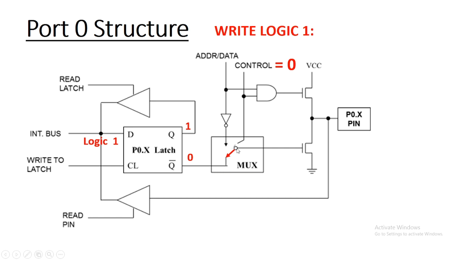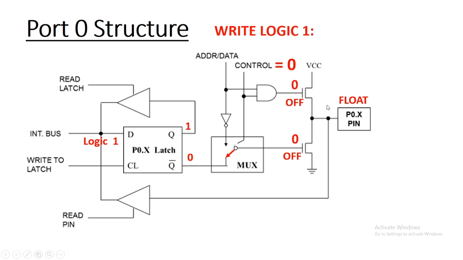When this control is 0, the gate of this FET is connected to Q bar. So when you apply logic 1, Q bar is 0 and both the transistors are off. But what happens when both the transistors are off? This pin goes into float.